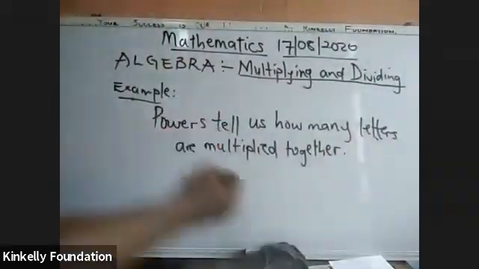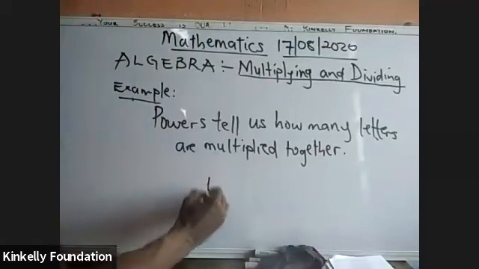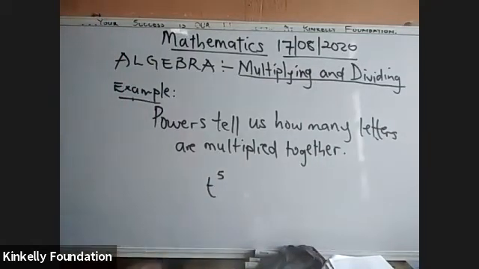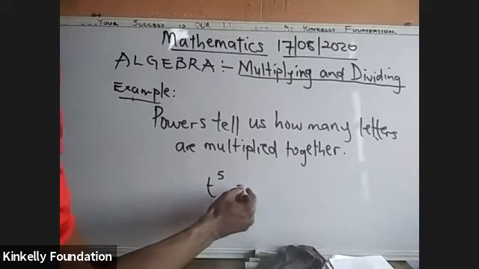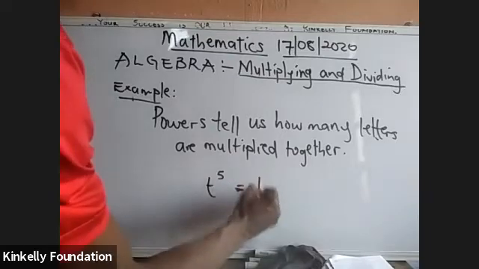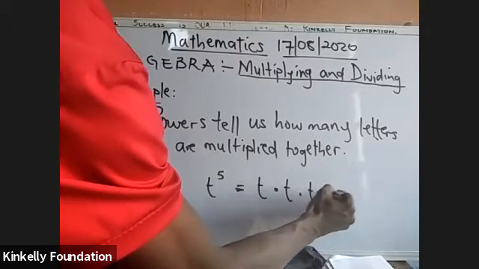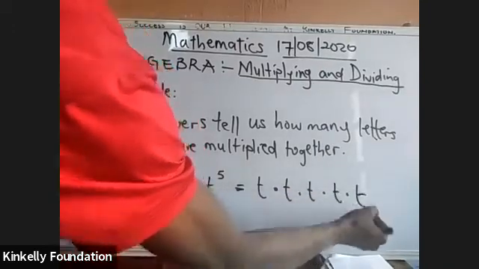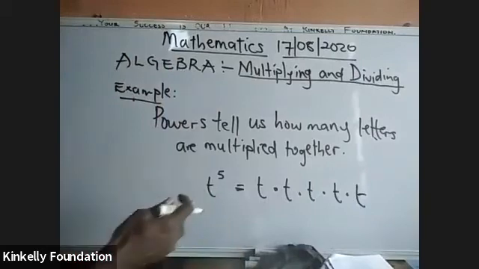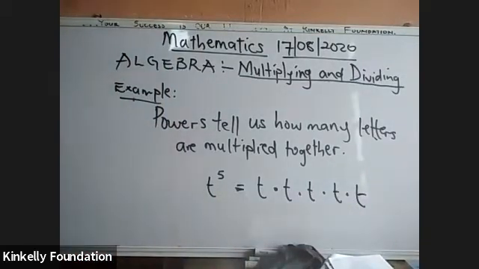Now, example, when you are given something like t raised to the power 5, it means t times t times t times t times t. T multiplied by itself 5 times.